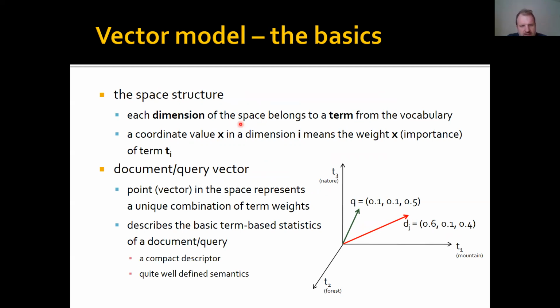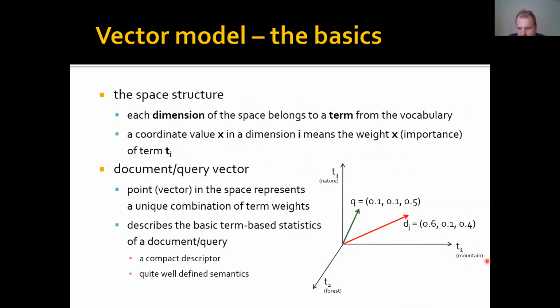Okay, so as I said, the space structure is simple. Each dimension is associated to a term from the vocabulary. So here we have only 3. And the value is the weight in a particular dimension for the document.